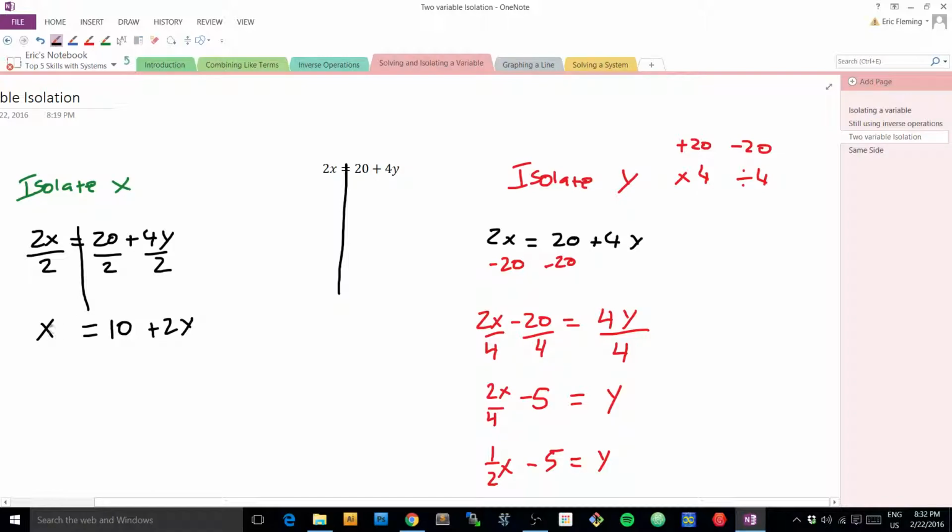Taking a step back, we can see that we isolated x, and we can see that we isolated y. We did this by applying inverse operations very carefully. Let's move on to isolating our variables when they are on the same side of an equal sign.